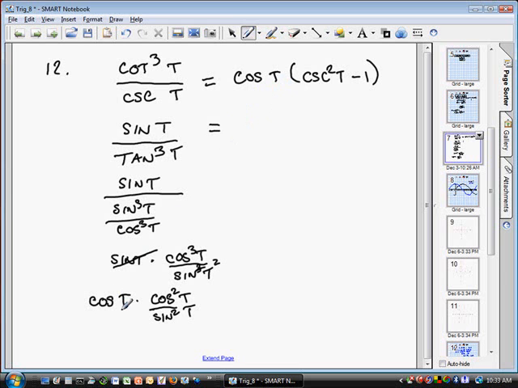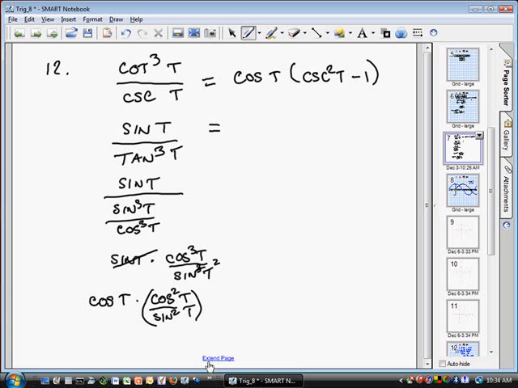So do you see why I thought I'd pull a cosine out? I've got this at least in the back of my mind, so I know I want a cosine out there. Okay, cool. Now, does anybody recognize what this is? That's just, yeah, that's cotangent squared.